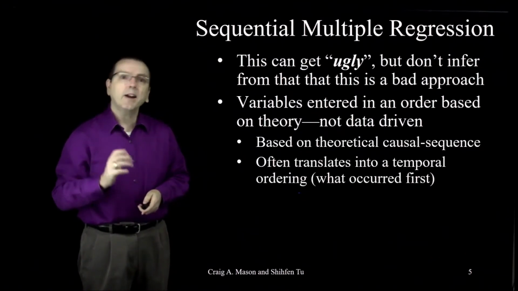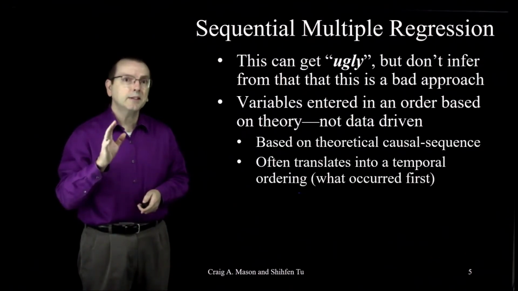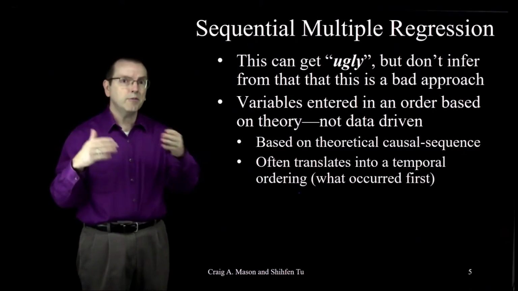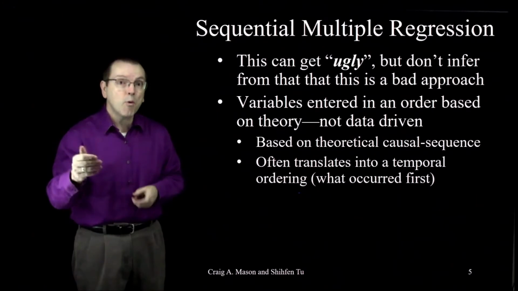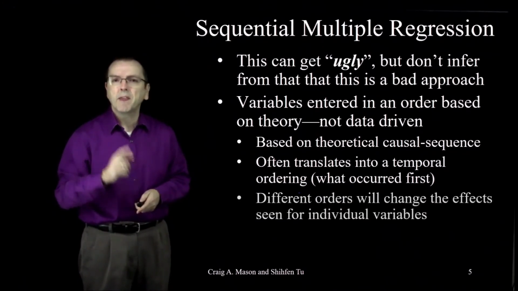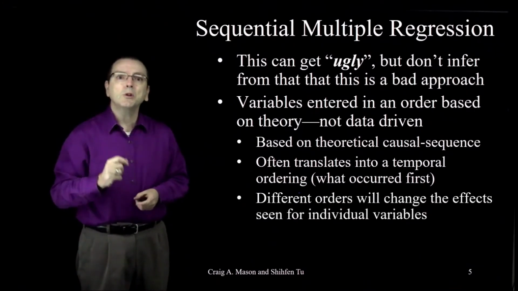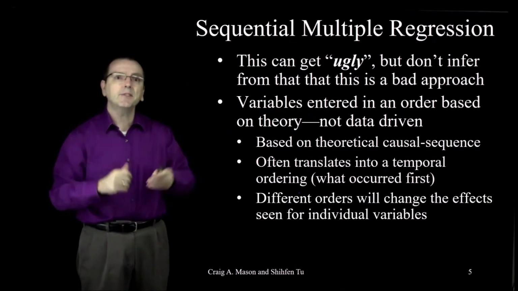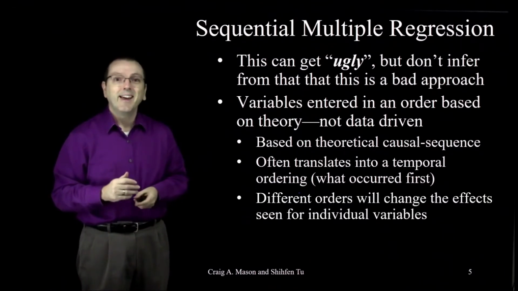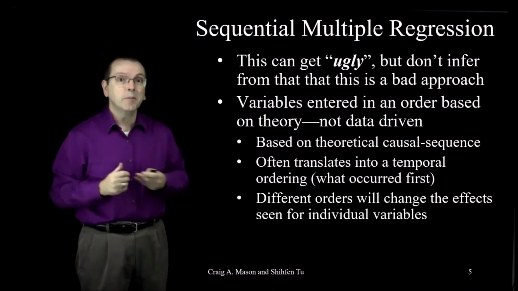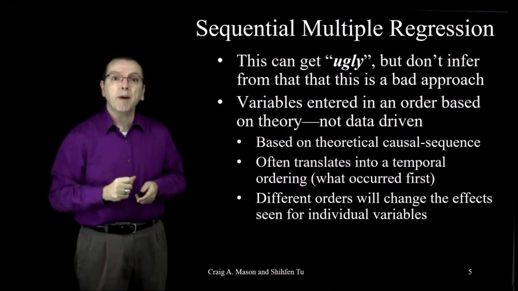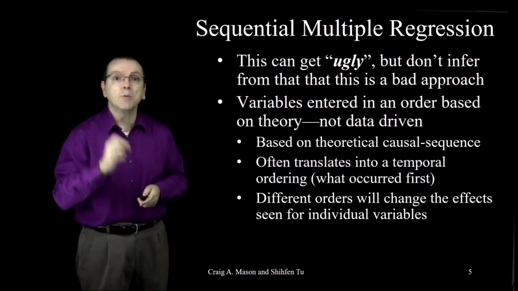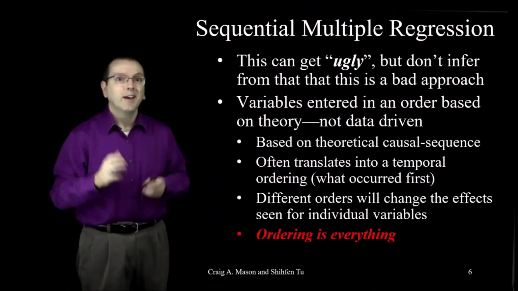And because the effect of a variable will be its effect controlling for all of the other variables entered before it in prior steps, different orders will change the effects of different variables. If you order the variables one way and I order them a different way, we'll draw different conclusions about the effects of individual predictor variables.